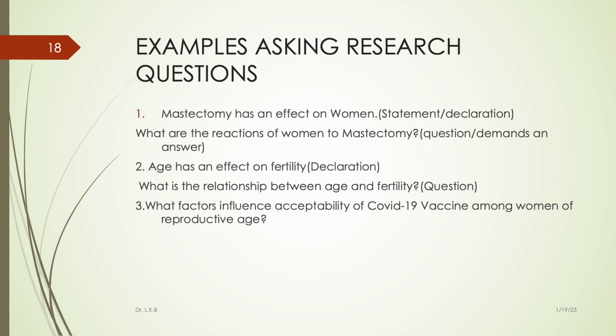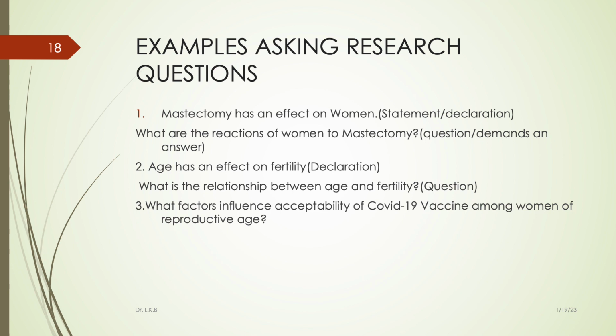Let's try and put it in a researchable question and say, what is the relationship between age and fertility? That tells us you need to get a group of women or men, and generate their data on their age and their fertility levels, and analyze statistically and see whether there's a relationship. Is it positive?